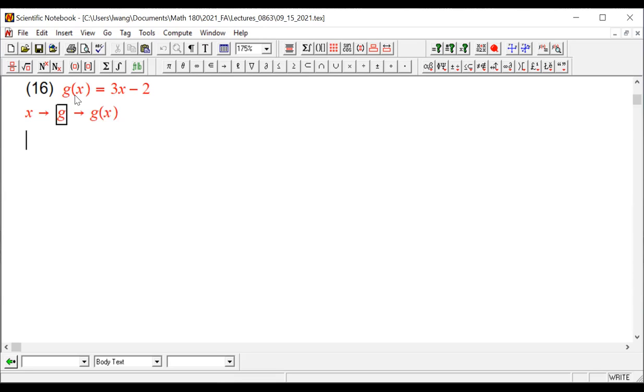But when it comes to G composite G of X, this parentheses over here is actually optional. What you do is it's actually G of G of X. That's what it is.